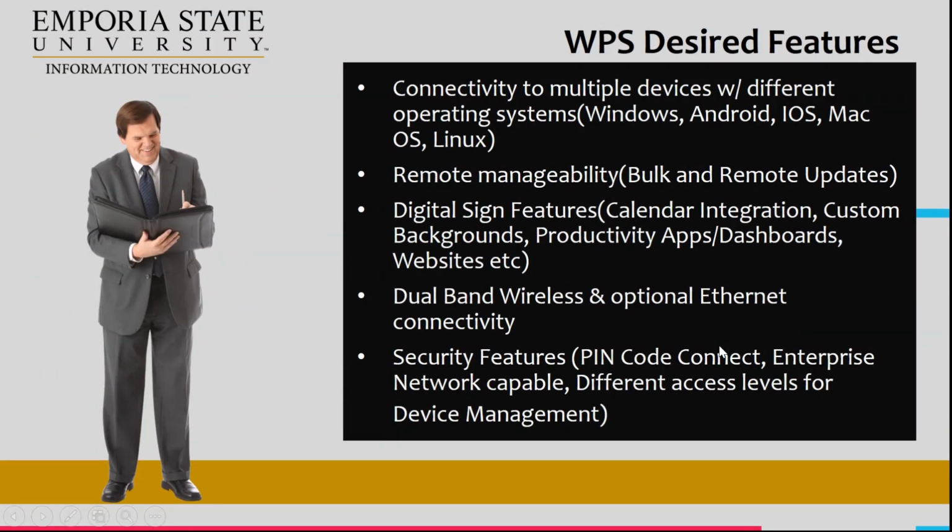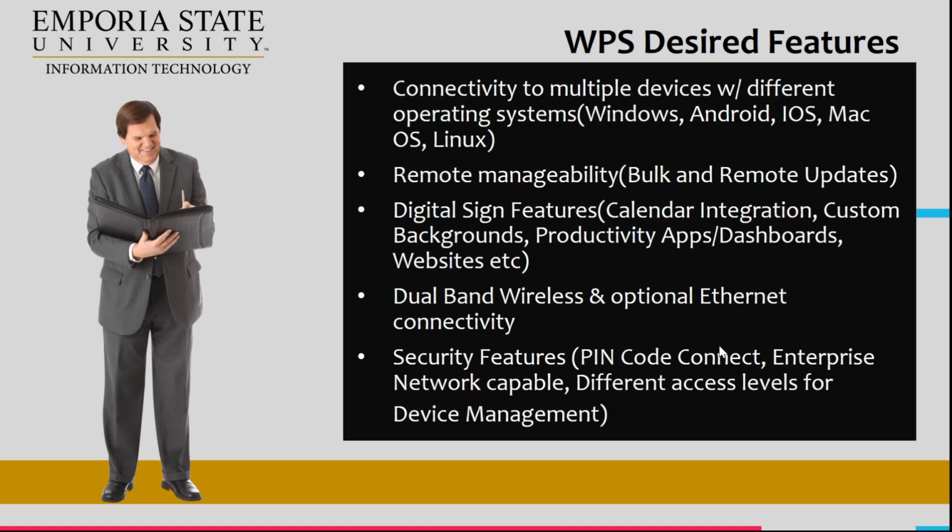Next, we're going to look at some wireless presentation system desired features that we consider when we select a wireless presentation system. To start with, you'll see connectivity to multiple devices with different operating systems. Currently in the industry, we see operating systems such as Windows, Android, iOS, Mac OS, and Linux.